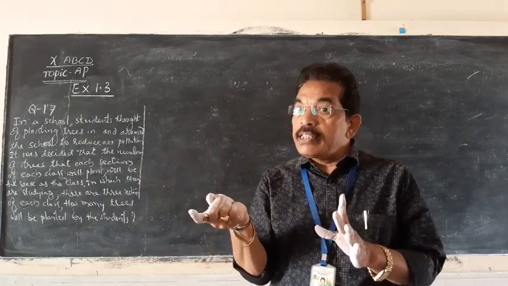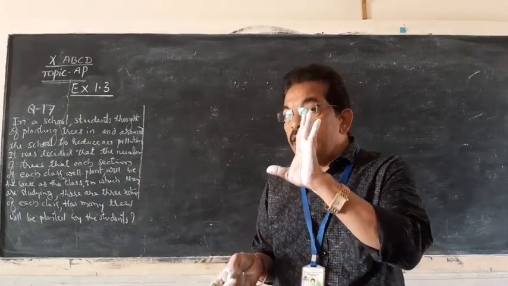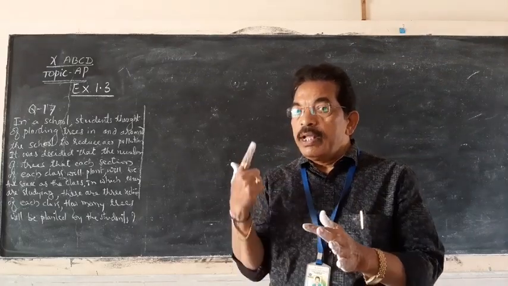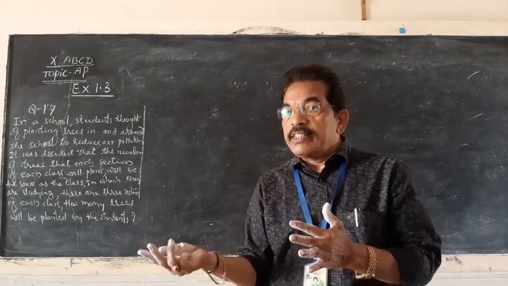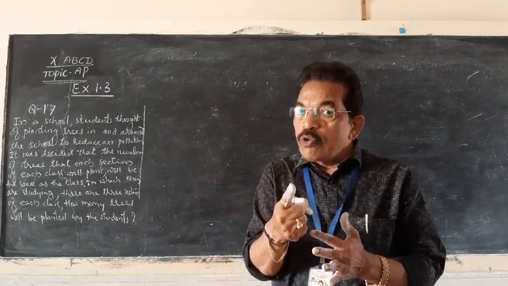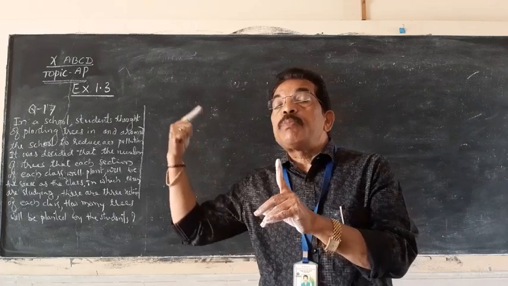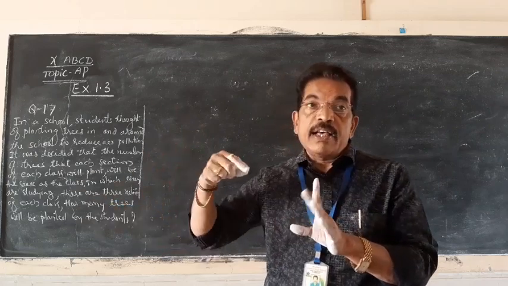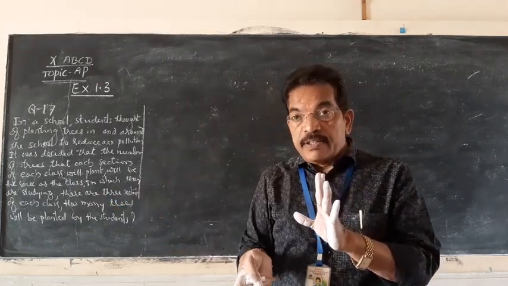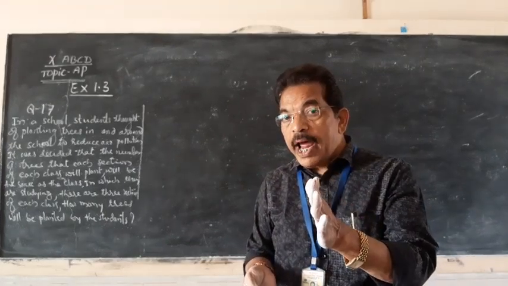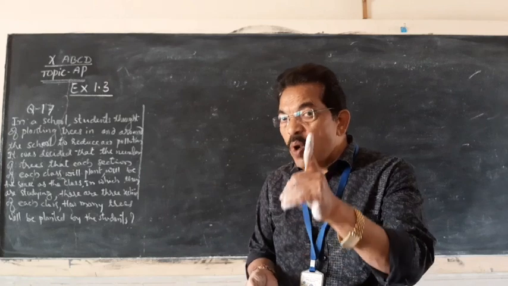Then for the second class, there are 3 sections in each class. For example, for second standard 3 sections, every section will have to plant 2 trees. That means 2 into 3, that is 6 plants for the second class. Then for third class, each section will have to plant 3 trees.